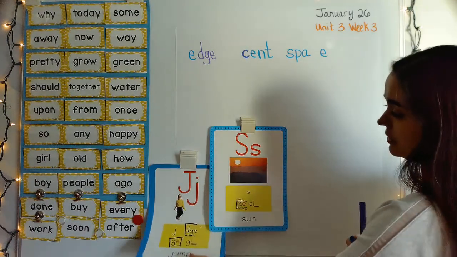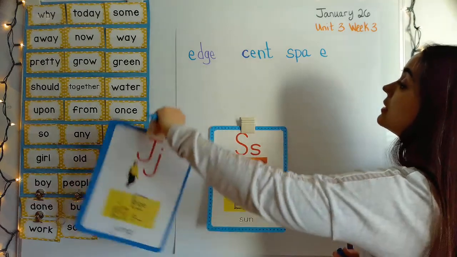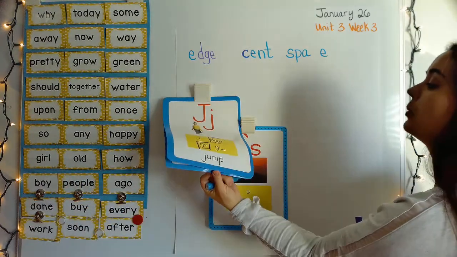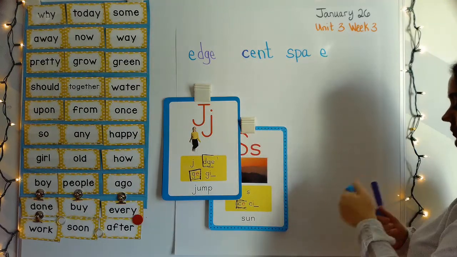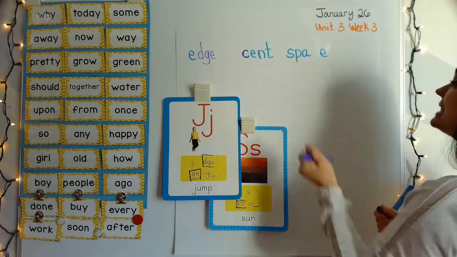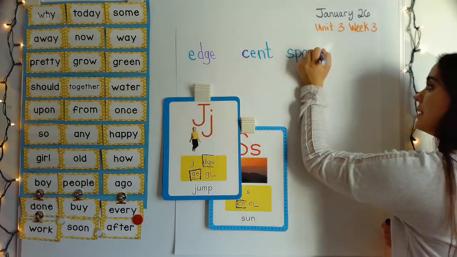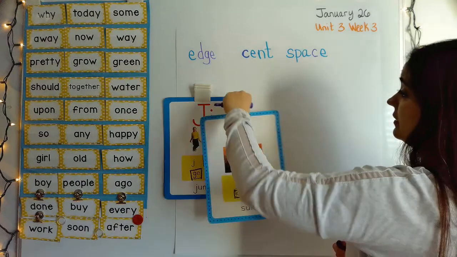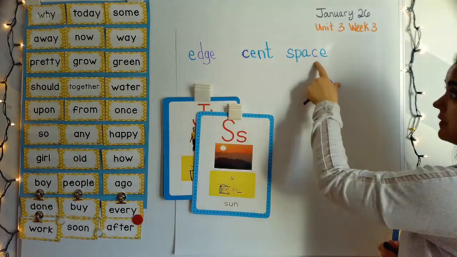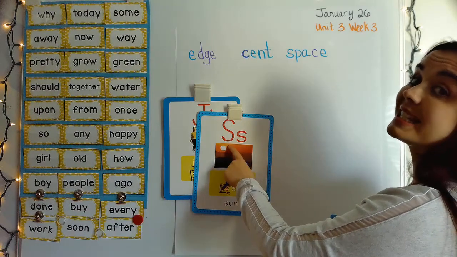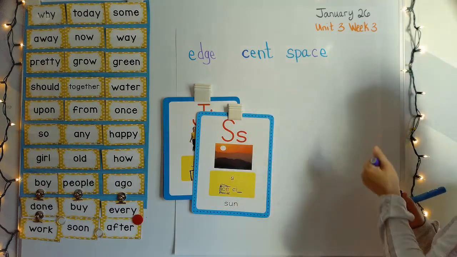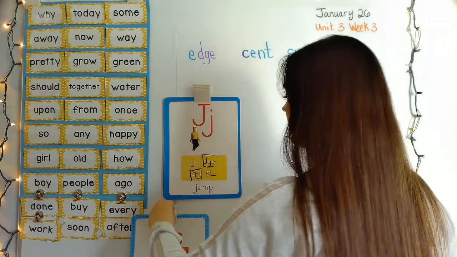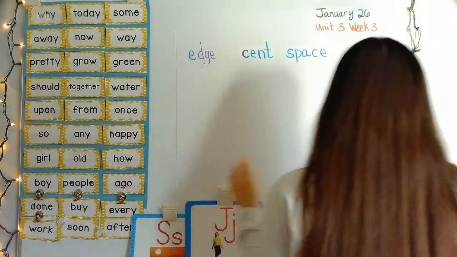Remember the middle sound that you hear in the word train, that A blank E. And then the word space, that blank is actually the soft C, which is going to make that S sound. So spa, a, s, space, space. I love to go to space.